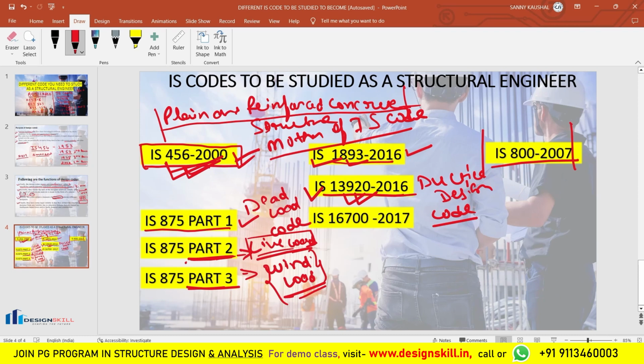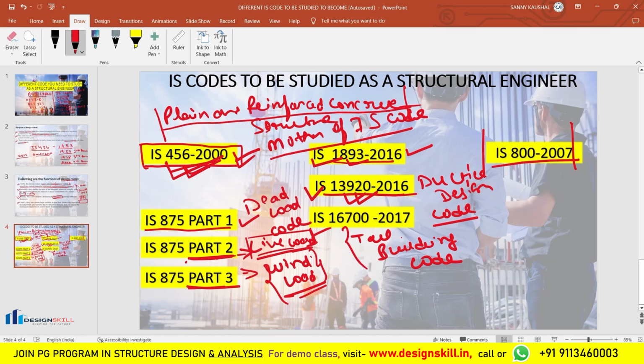Now the next is your IS 16700 2017. This is the tall building code. For a structure having more than 50-meter height and up to 250-meter, you have to follow this particular code's clauses.